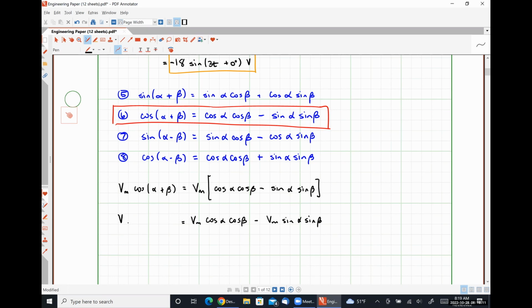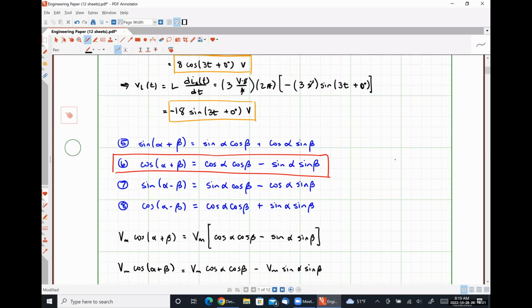Over here on the left, Vm cosine alpha plus beta. All right, so now let's look at what we have, okay?